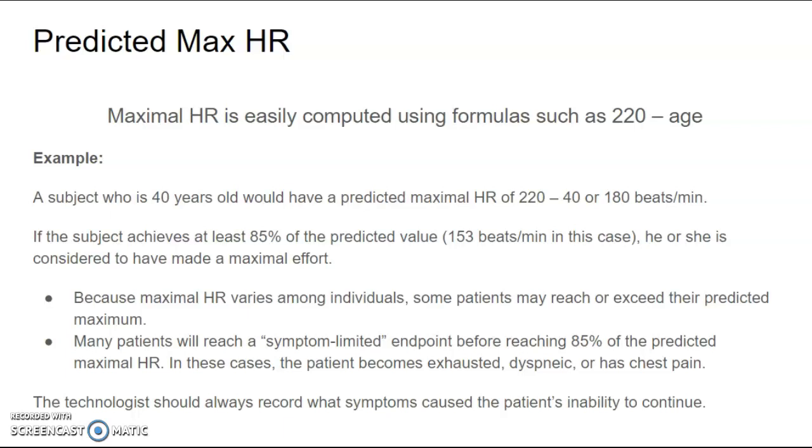So they became too short of breath, or they became exhausted, or they had chest pain before they reached 85% of their predicted maximal heart rate. For whatever reason the test is ended, whether it's because they reached a maximum level of something or because they had symptoms or because they said I'm just exhausted, make sure you always note that and take that into consideration as you evaluate your data.